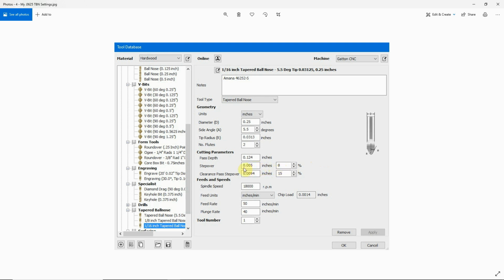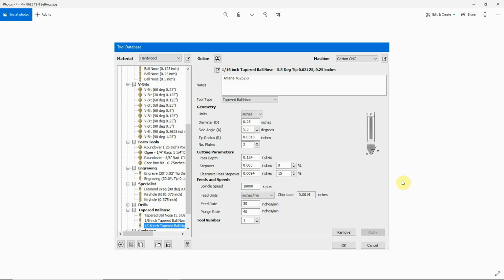Look at how much of a stepover that is, whether you're using inches or millimeters. Look at what that unit of measure is. A stepover of 0.005 of an inch is pretty tiny. But again, it's a 3D model. We want that level of detail. It also depends upon the model itself.